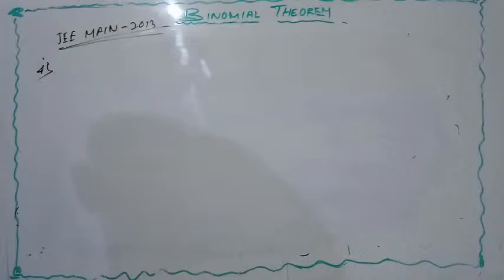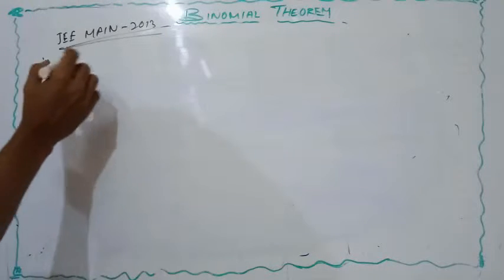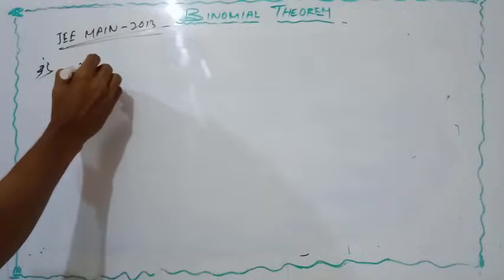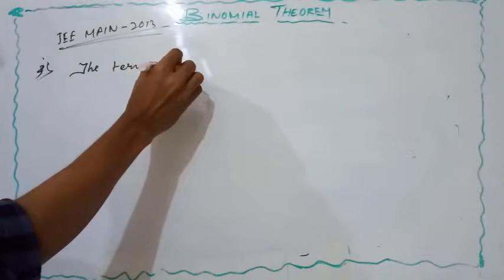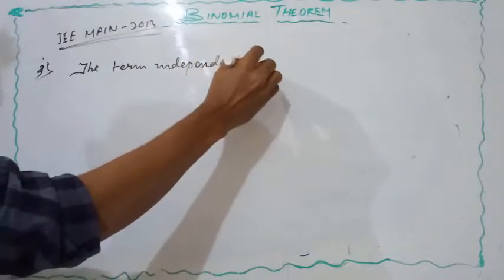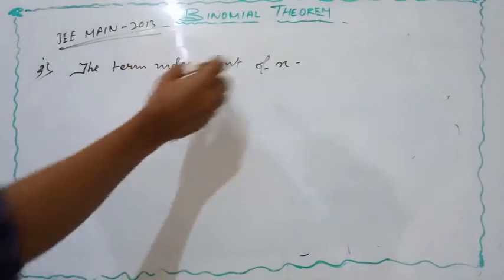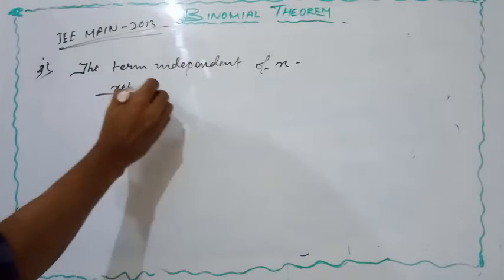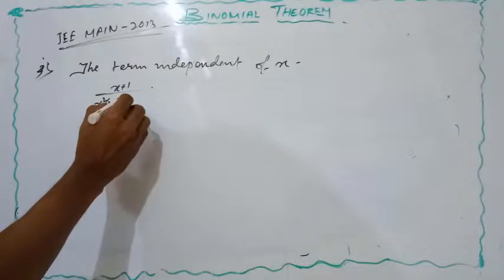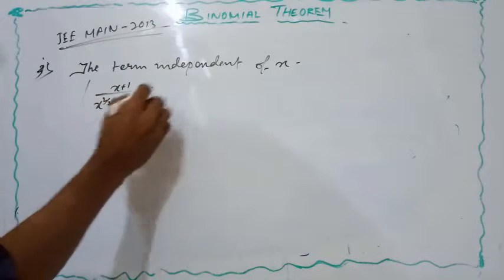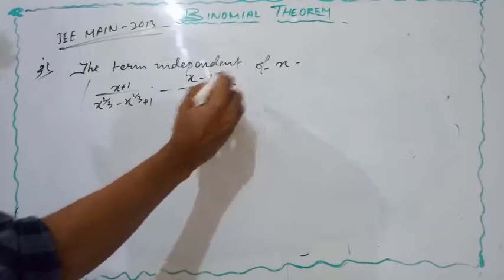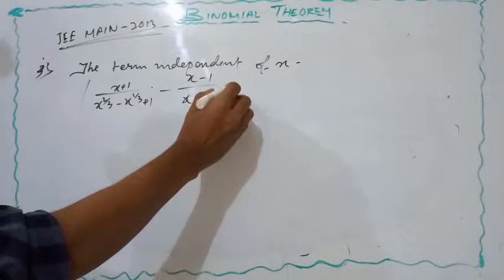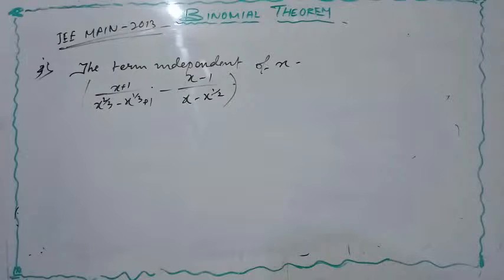The question is given: find the term independent of x in the expansion of (x plus 1 by x to the 2 by 3 minus x to the 1 by 3 plus 1 minus x minus 1 by x minus x to the 1 by 2) to the power 10.